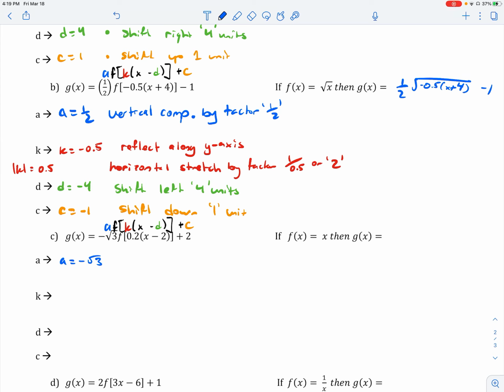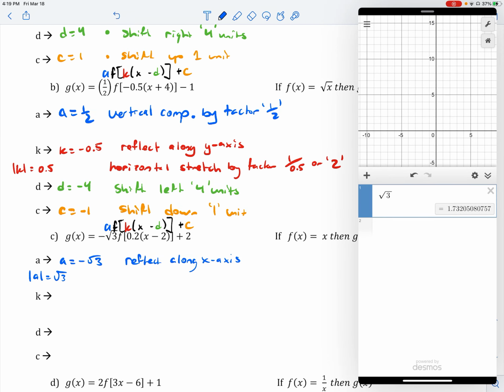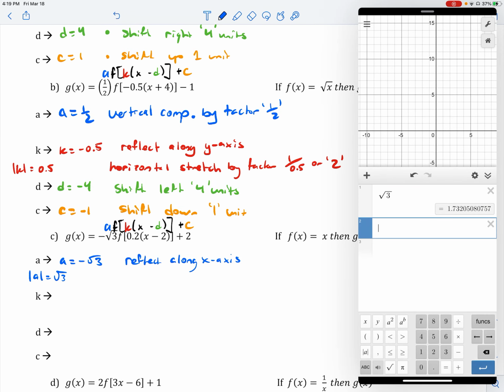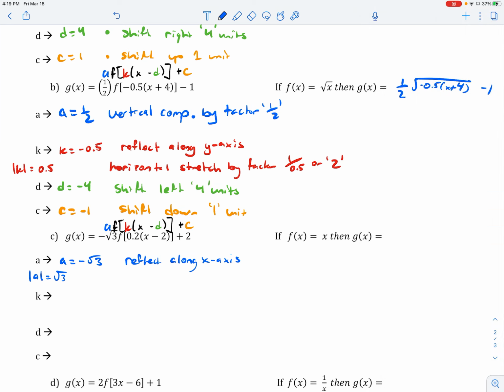So because it's negative, we're going to first reflect along x-axis. And then the absolute value of a is equal to root 3. Okay, we just drop the negative sign. Root 3 I know is bigger than 1. It is about 1.7. So that means it's going to be a vertical stretch.